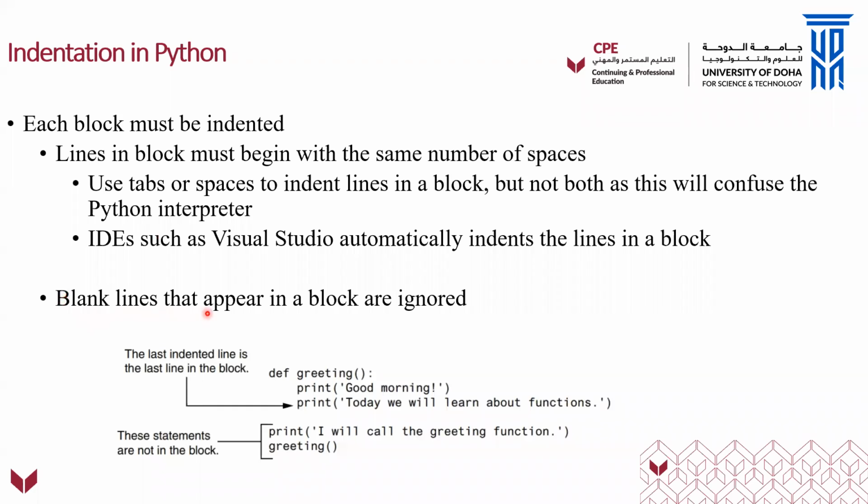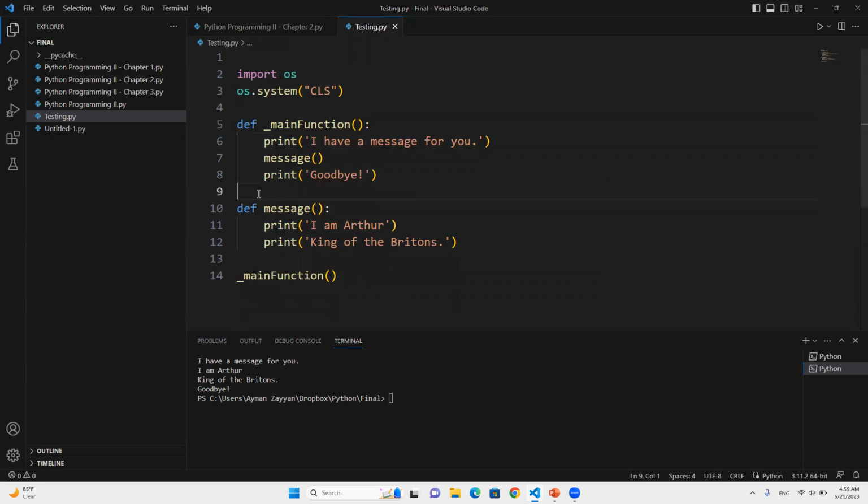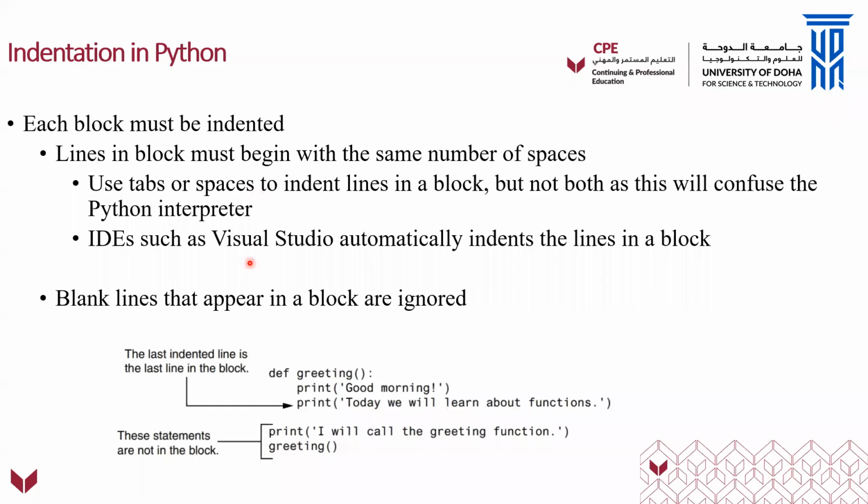Okay, blank lines that appear in the block are ignored. Yes, for sure. If I have a blank line, the interpreter will ignore it and will not perform any task. As an example, if I have the function greeting, the last indented line is the last line in the block.